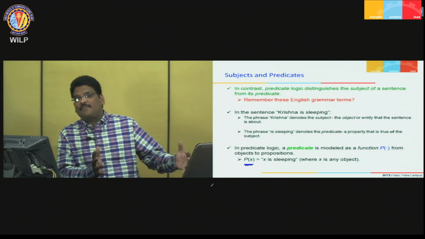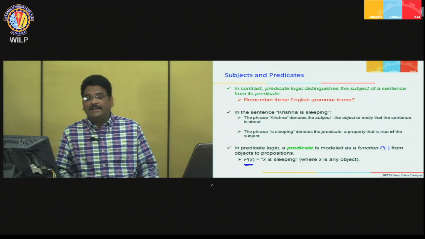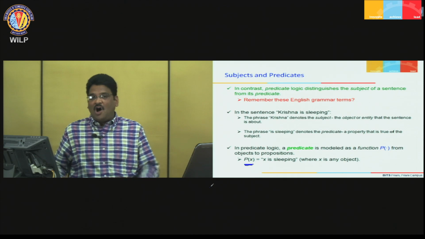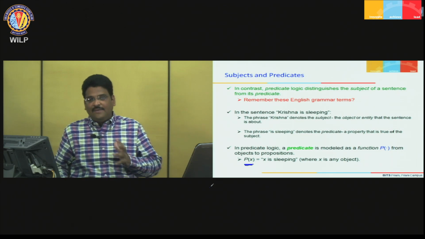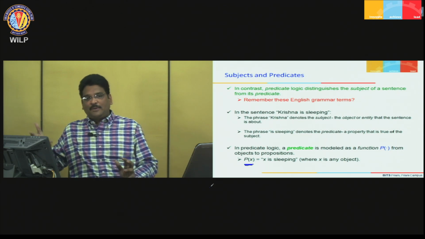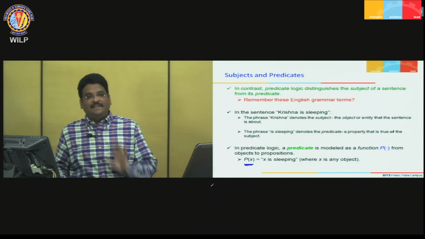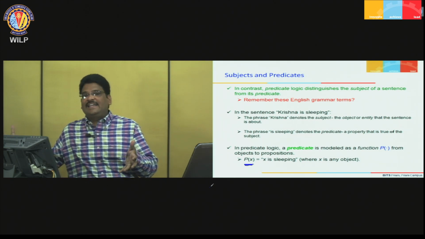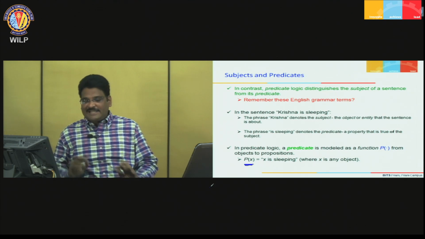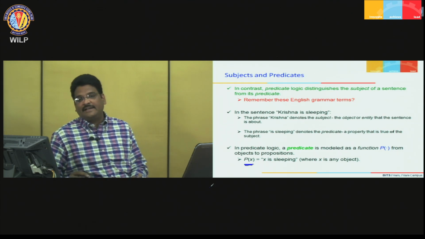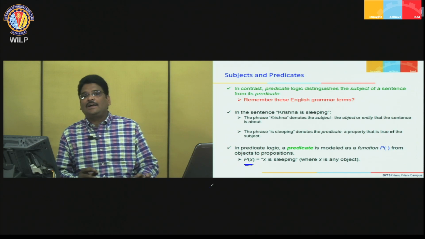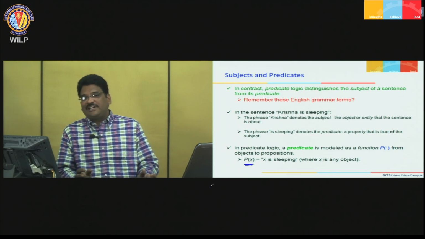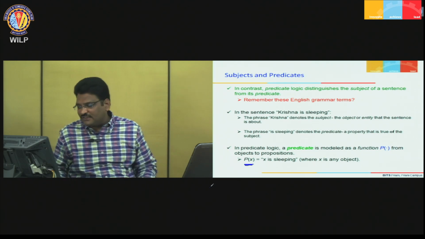This is the set of all human beings on one hand, and on the other hand, I'll get all the propositions. Given a subject, I'll get a proposition. Rahim is an object, I'll get a proposition, that is Rahim is sleeping. So basically, a predicate is nothing but a function that is acting on the set of all subjects or objects to the propositions.